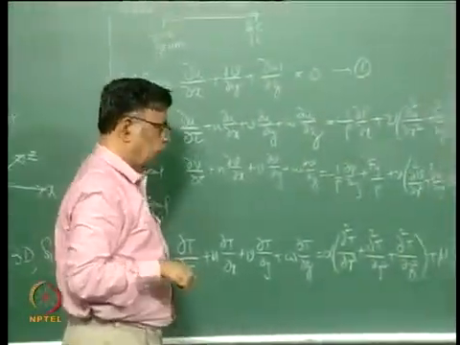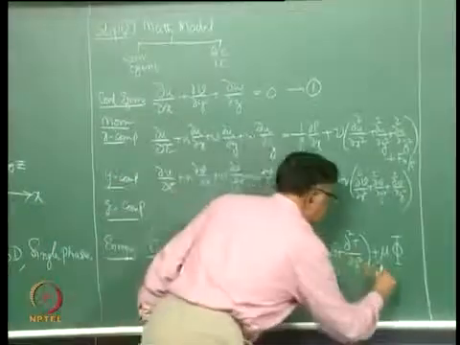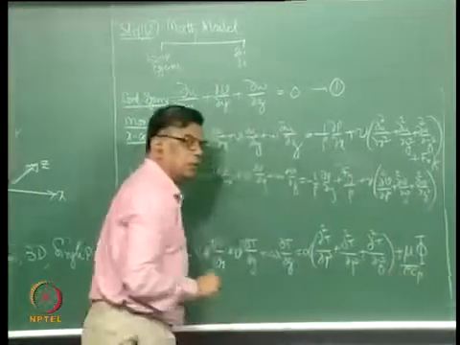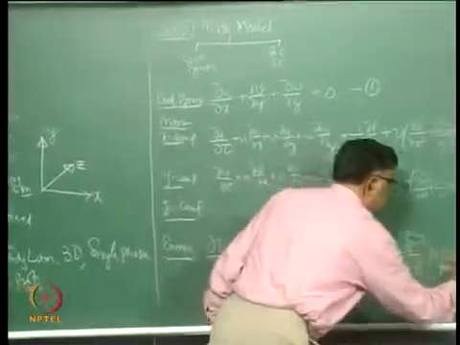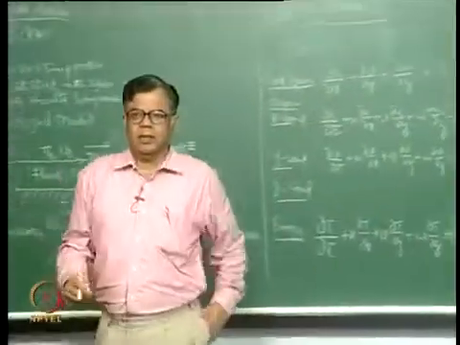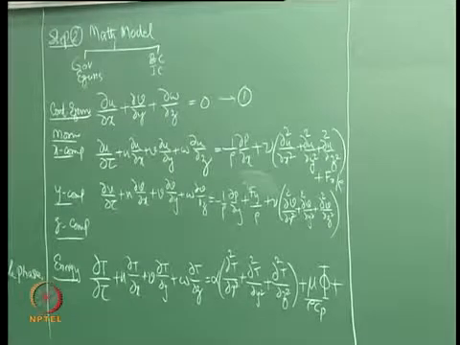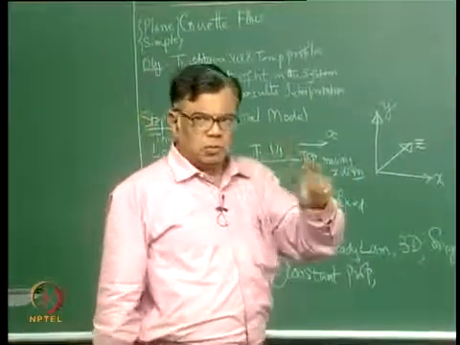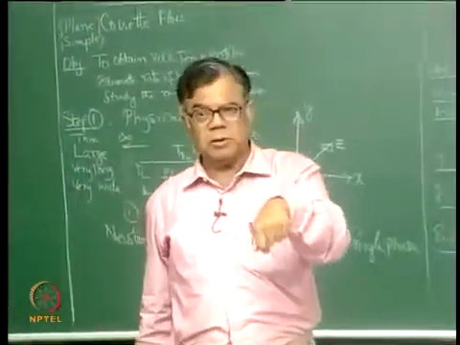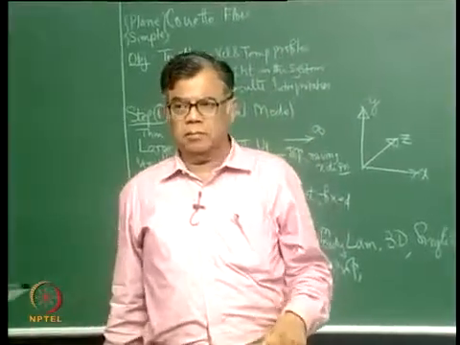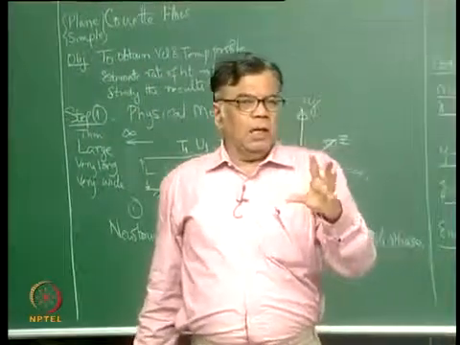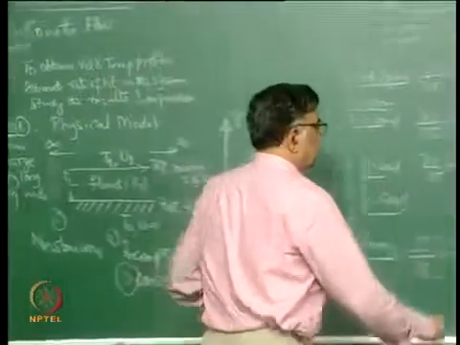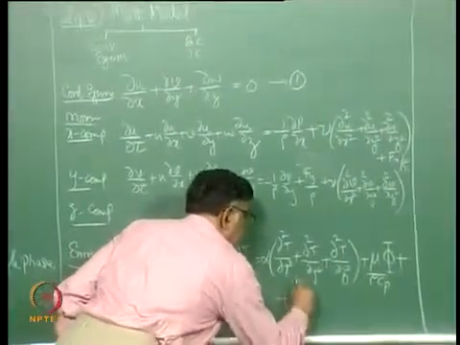Is that all? Anything else? There are actually two more terms. One is a compressibility term, but we have said incompressible. Otherwise, you should write the compressibility term. Beta comes into picture. Expansion coefficient. So write down Q triple prime by.